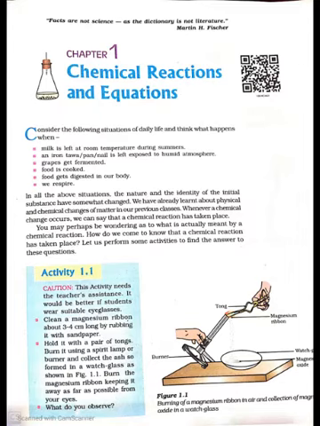chemical formulae. The gaseous, liquid, aqueous, and solid states of reactants and products are represented by the notations (g), (l), (aq) and (s) respectively. The word aqueous (aq) is written if the reactant or product is present as a solution in water.